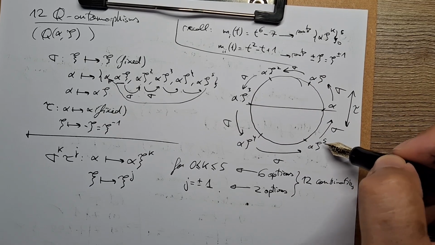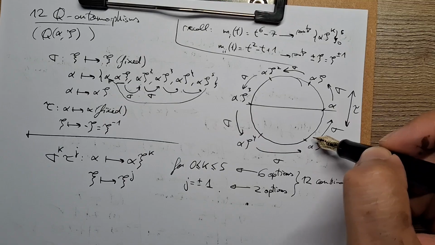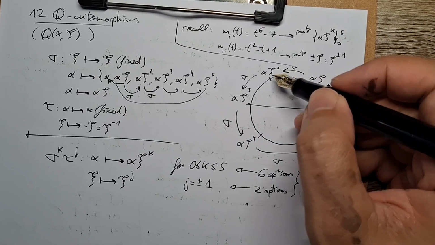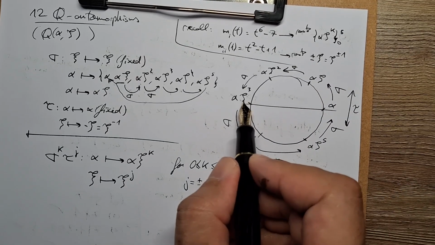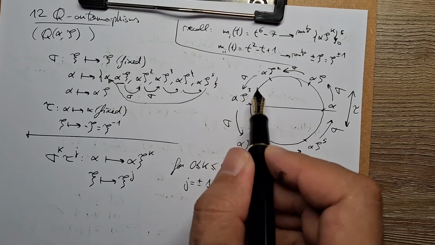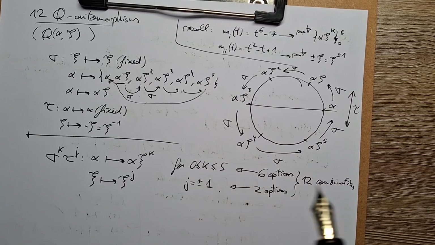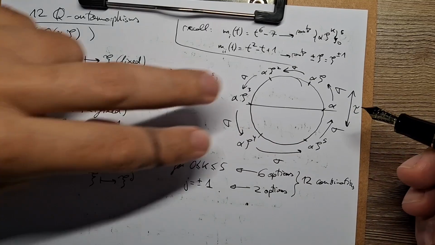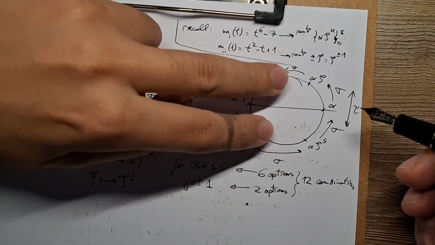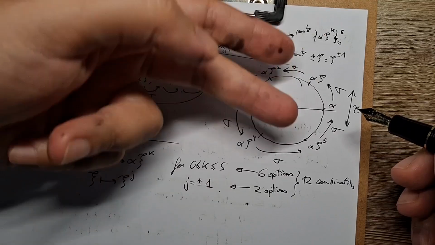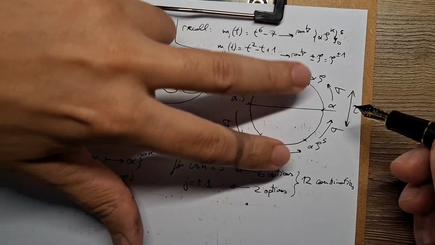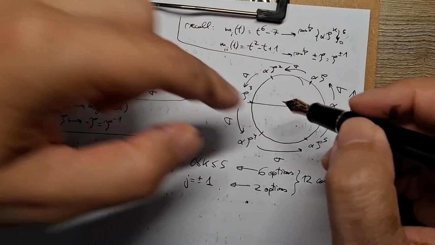Then when you are here, it's negating this, which means that you go back here, and same for here. And then alpha and alpha multiplied by theta to the power of 3 are unaffected by tau. So this tau is like when you just flip the entire board over this axis.